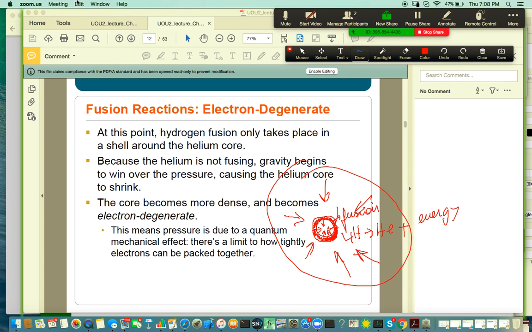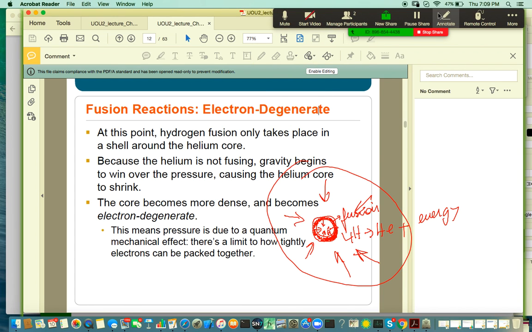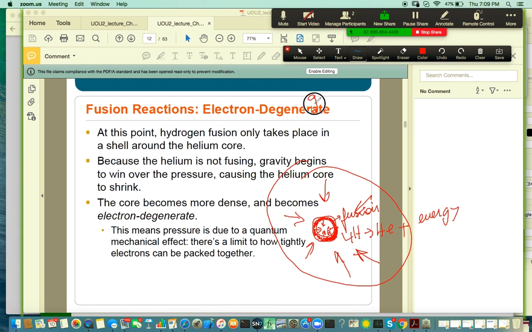Now, with the core shrinking, one of the things we learn in thermodynamics is that when there is gas contraction, and by gas, think about the core, gas contraction gives rise to rising temperature.